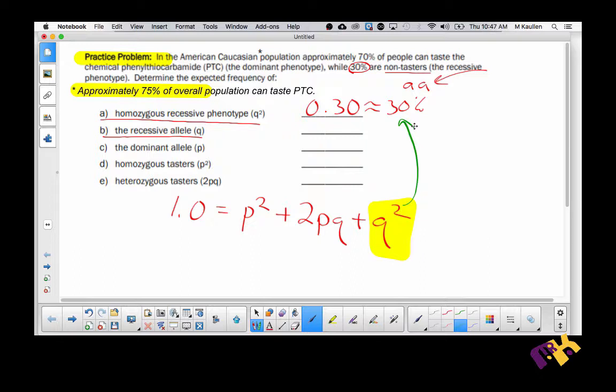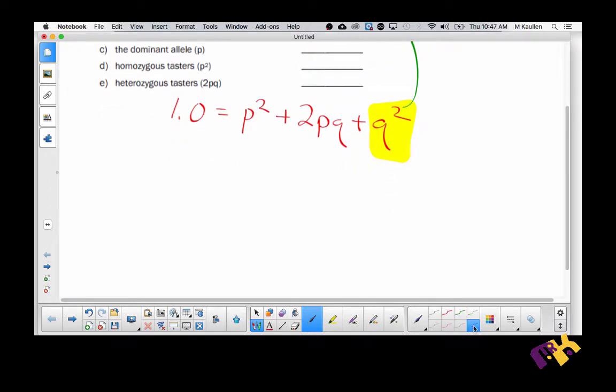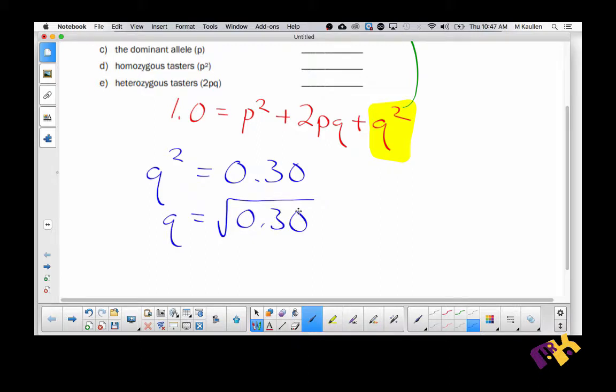If we pull this out of the equation, we're saying that Q squared is equal to 0.30. So in order to solve for Q, which is the frequency of the recessive allele, we have to square root the 0.3, because we have to square root the left-hand side to get rid of the square. Whatever we do to the left-hand side, we have to do to the right-hand side. And the square root of 0.30 ends up being 0.5477.